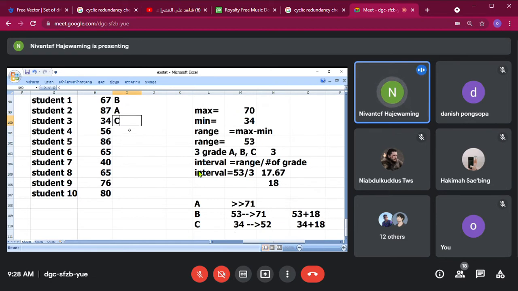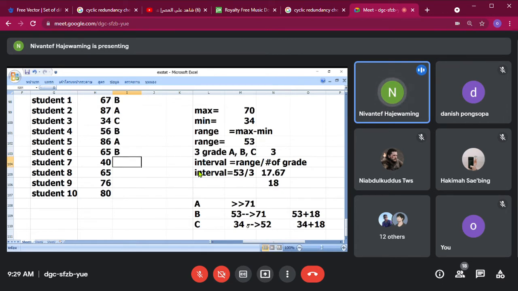The student 56 is between 53 to 71. You get B, right? And this one is larger than 71. It is A, right? The one 65, 65 is between here. It is B, right?